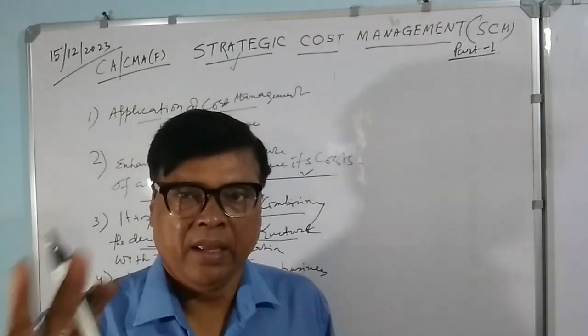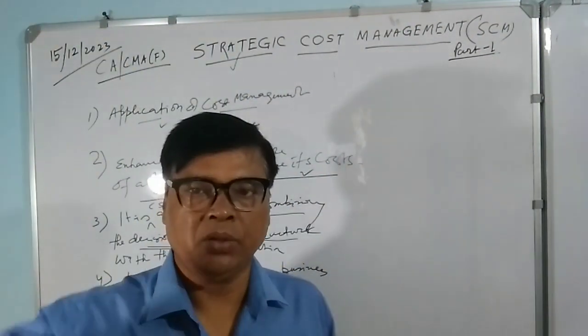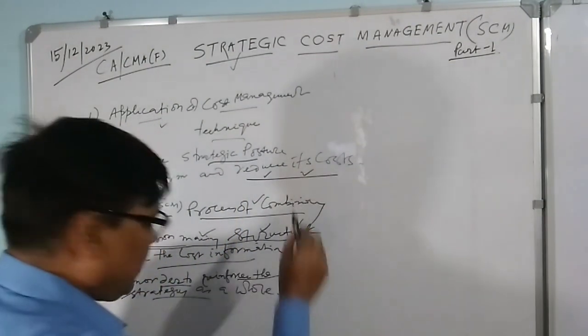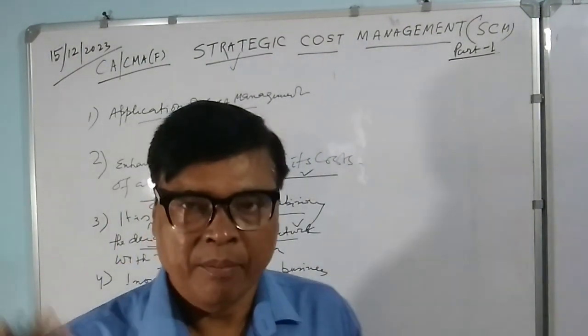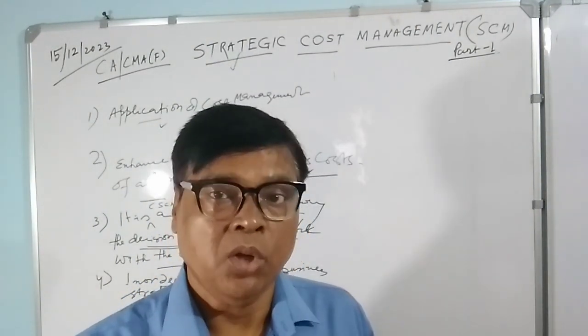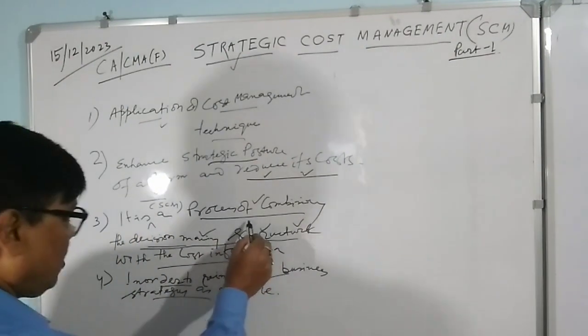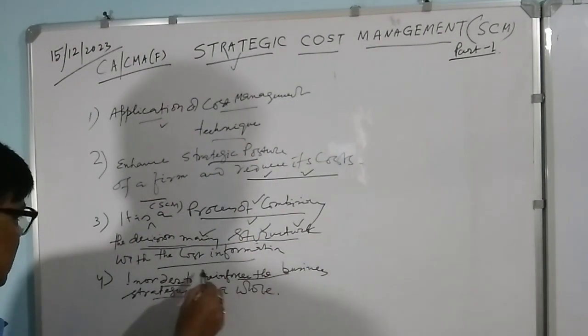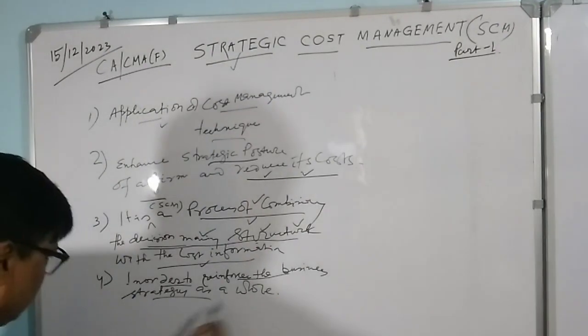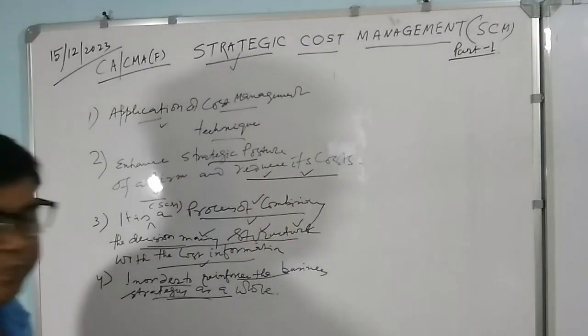You have say 5 wings or 6 wings of your organization. Every department wise strategy you have to make, because if one department makes the strategy, the other department will not go along. So ultimately you have to combine the process of decision making structure with the cost information in order to enforce the strategy as a whole.